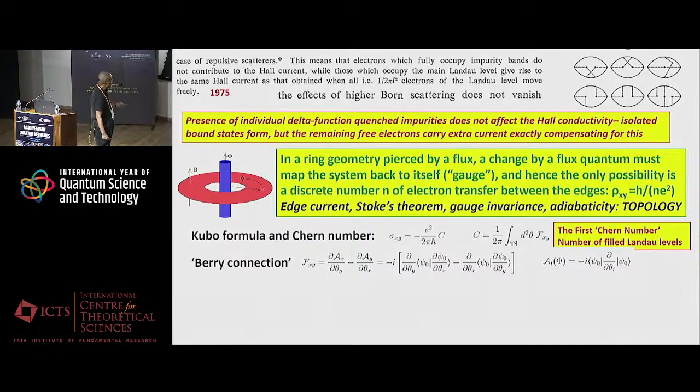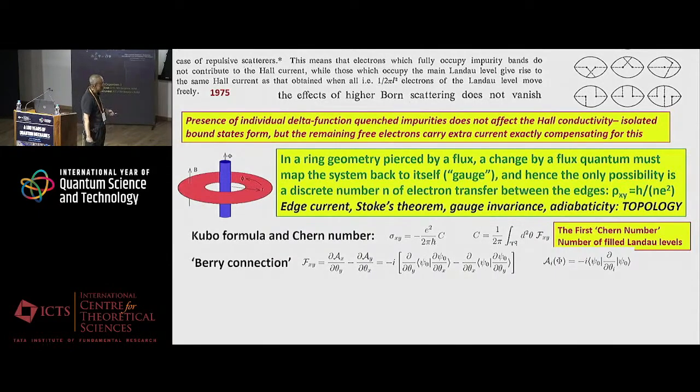And he wrote down what that integral is. This integral has this form, and this is what we now call the Berry connection. Thouless did not call it that because Berry's paper hadn't come out yet. Okay? It's still with the referees or something like that. And Thouless then showed that if your Fermi level is in a gap, this thing will be quantized. There's no effect of disorder or anything.